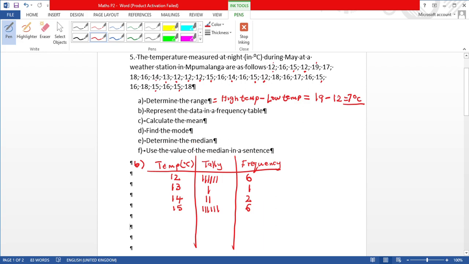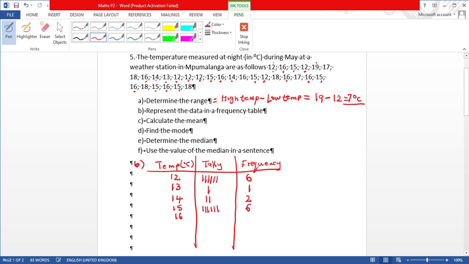Then the following number after 15 is 16. How many 16s have we got in our data? You've got 1, 2, 3, 4, 5, 6, 7. It's quite a lot, huh? So let's just check if we got all of them.